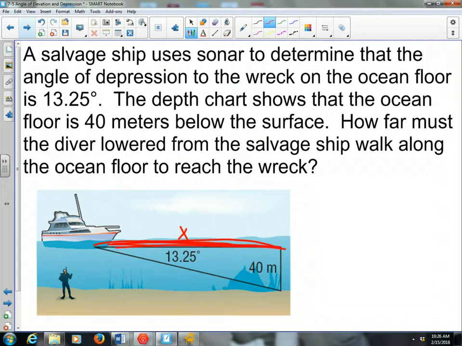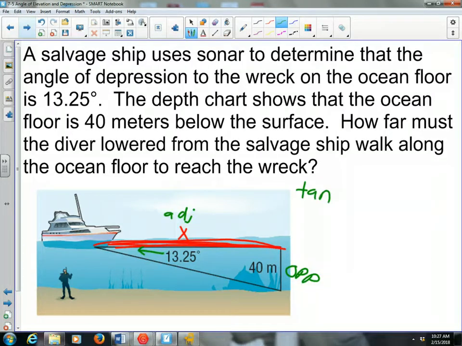Okay? So if we want to find that, we're going to ask ourselves the question, what trig function do we use? If 13.25 is the angle of depression, that means 40 is our opposite side and x is our adjacent side. So the trig function that uses opposite and adjacent is the tangent.